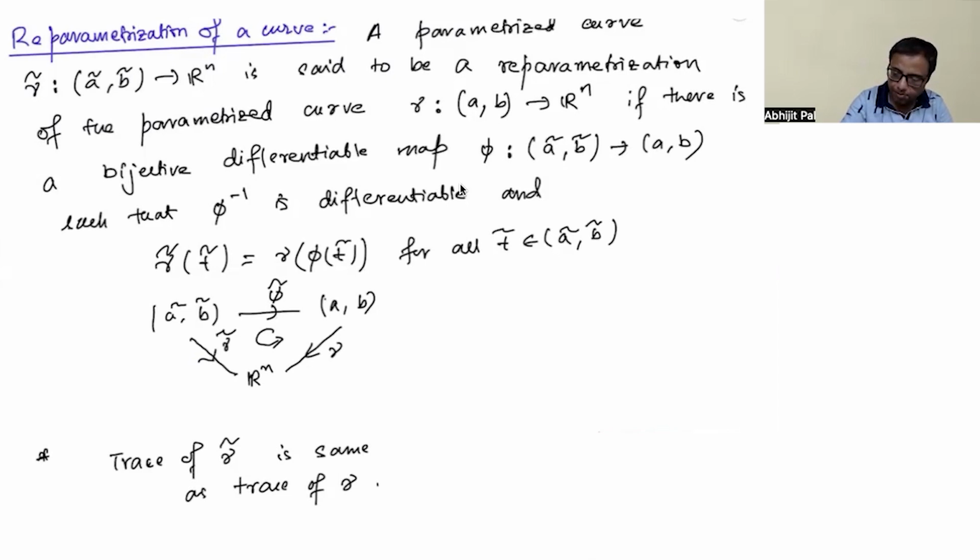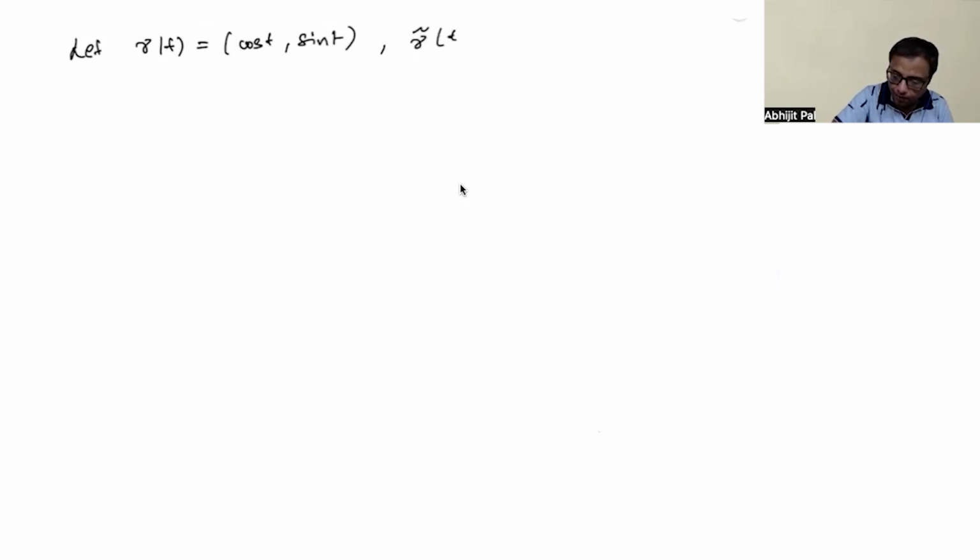So let us take a simple example. Let gamma of t equal to cos t, sin t, and I can take gamma tilde of t tilde to be equal to sin t tilde, cos t tilde.